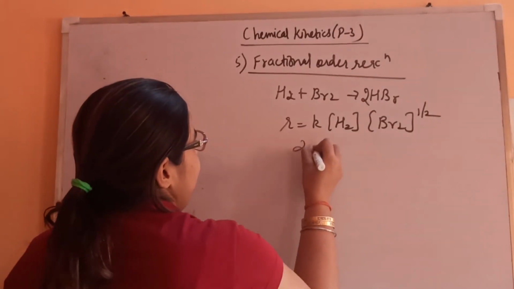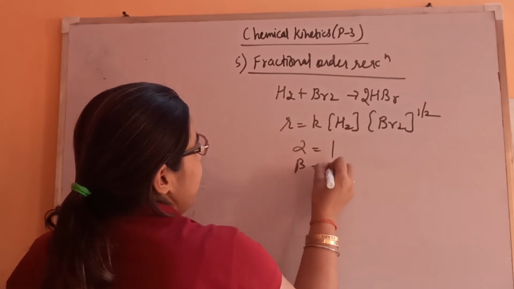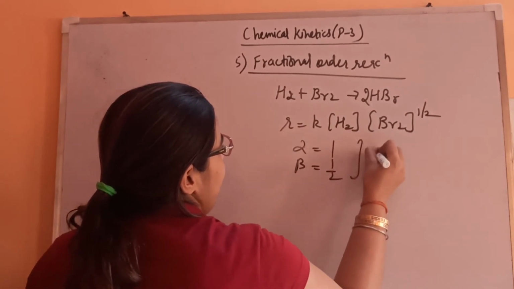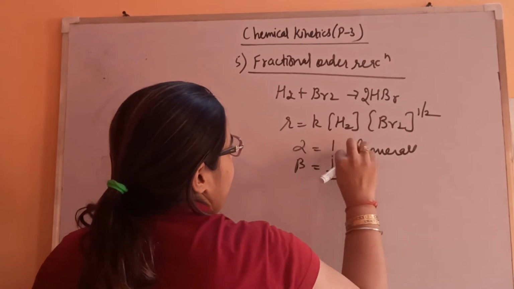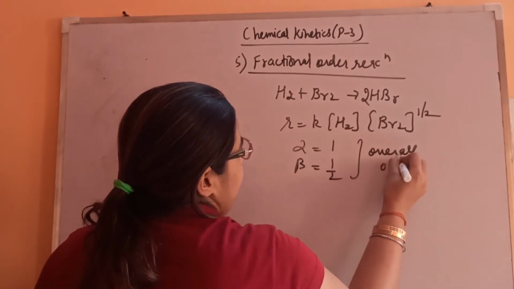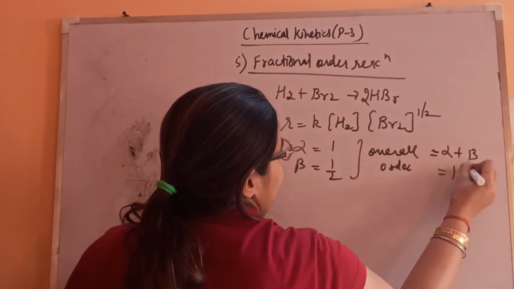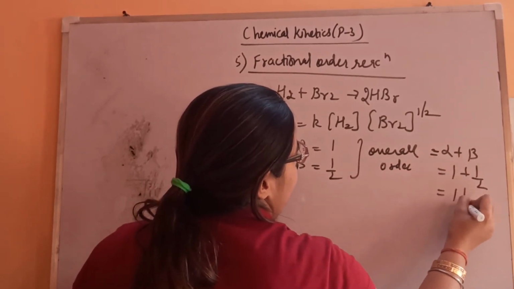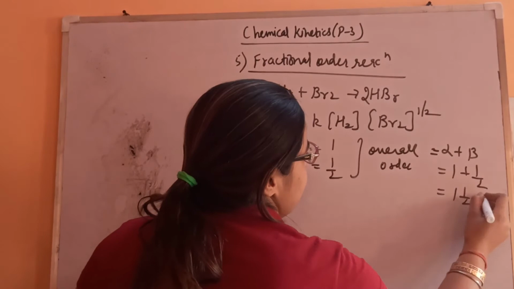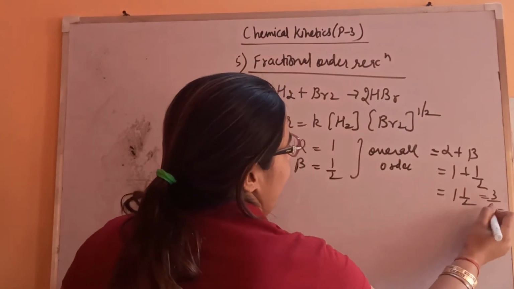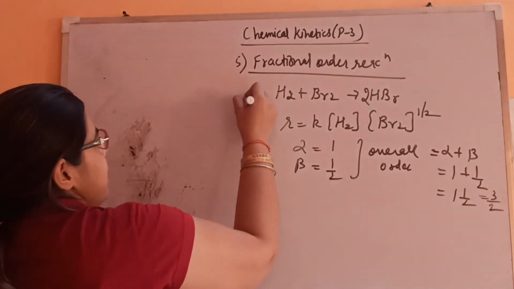So what is alpha here? 1. Beta is 1/2. So what is the overall order? Alpha plus beta is equal to 1 plus 1/2, total is 3/2, the overall order. Fine, so this is the first example.